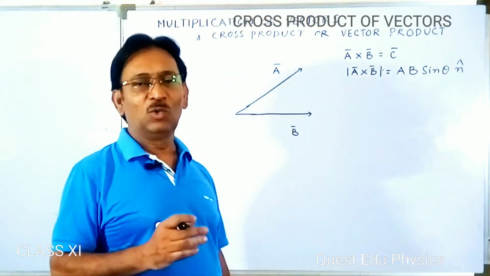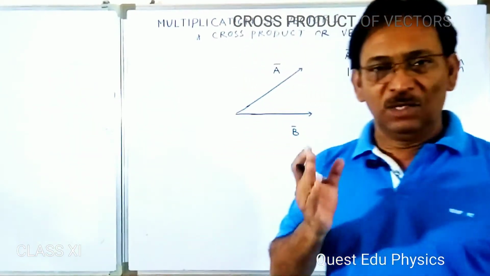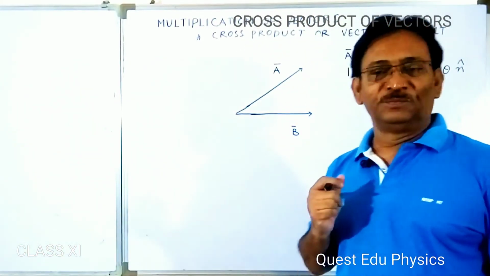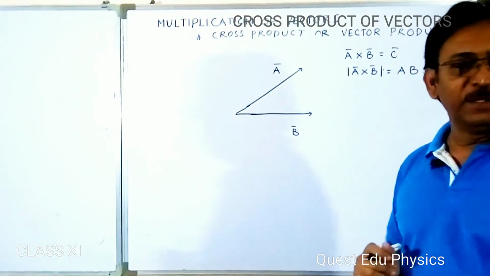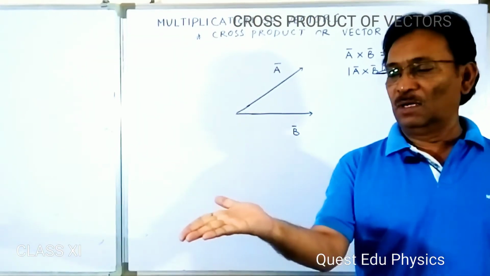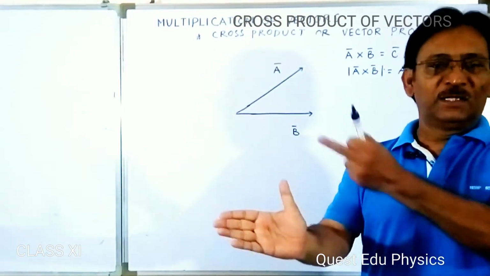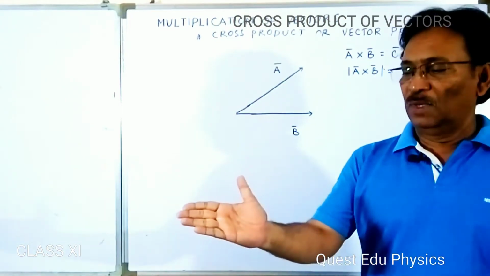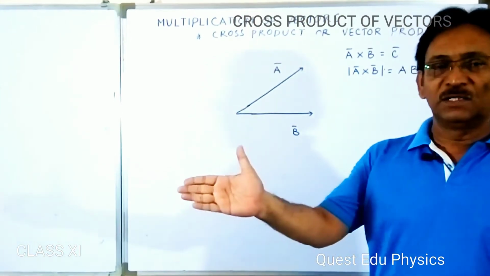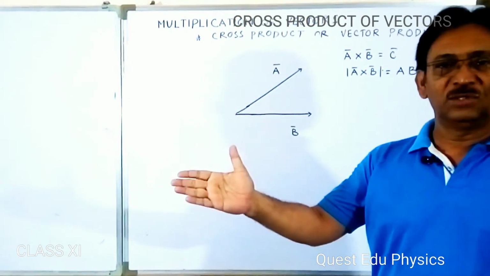By using the right hand rule, you can find out the direction of the resultant vector of these two vectors A and B. Here it is the right hand. Here we know that this is the thumb and these are the fingers. We can curl the fingers like this.